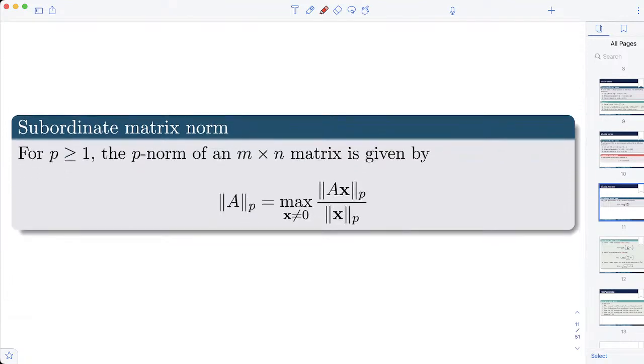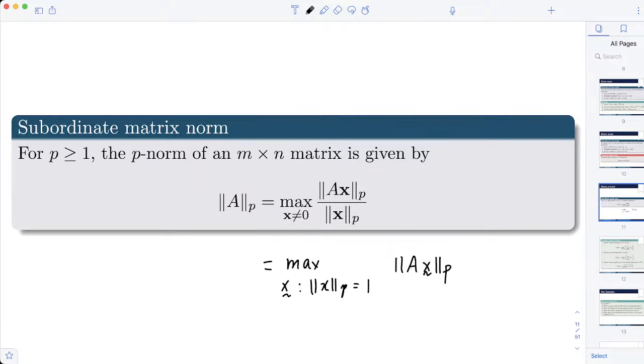And one of the things you can do with this, let's say you're doing a proof and you want to make your life a bit easier, is you can say, well, if we choose some vector x such that the P norm of that vector is equal to 1, then we can just define it in terms of the numerator over here.